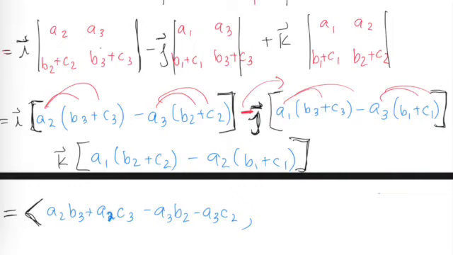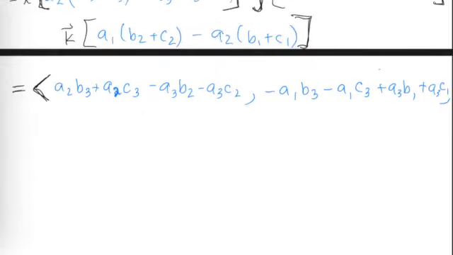So what that's going to yield in this very first little bit is negative A1B3 minus A1C3. Now when I distribute the negative into these terms, I'm going to get plus A3B1 plus A3C1, and that's my second component of this resultant vector.